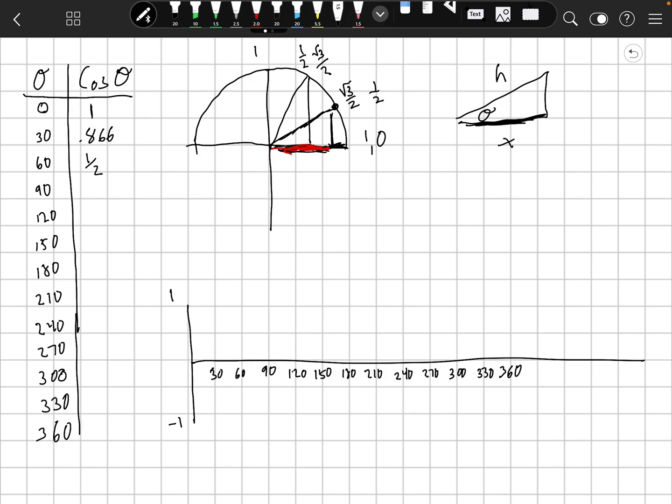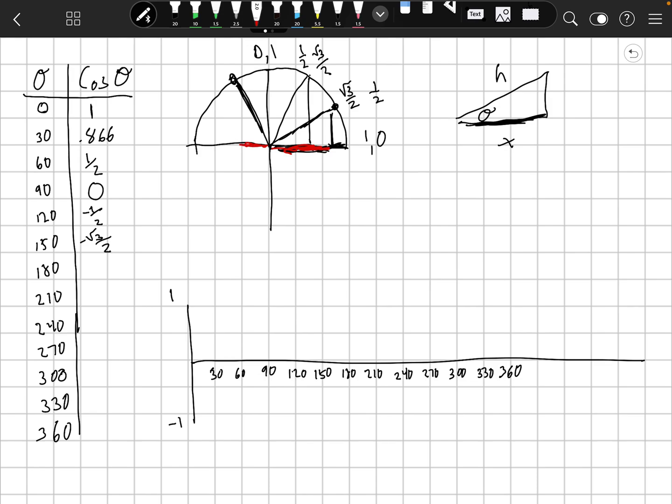And at 90 degrees, we've got 0, 1. So now we're at 0. And at 120 degrees, remember this is a reference angle with the 60, so we're at -1/2 now. And then 150 degrees, negative square root 3 over 2.